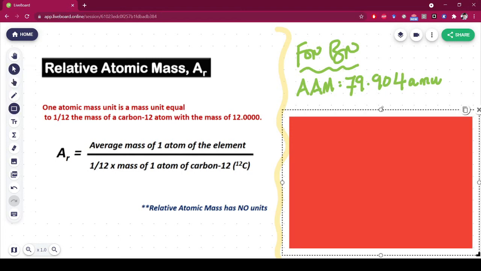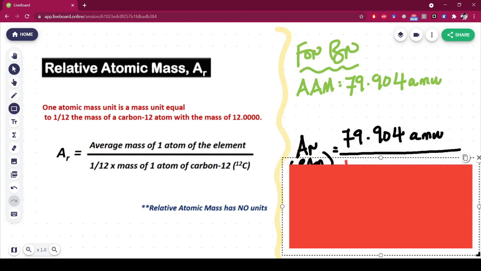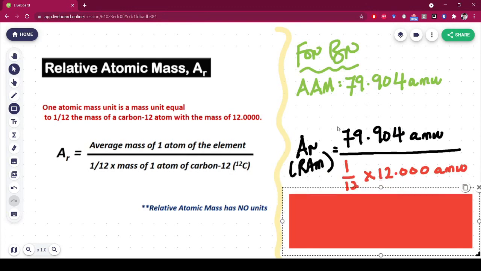What you're going to do over here is take the average atomic mass of bromine and substitute it on top over here. Thus, you have 79.904 AMU over 1 over 12 times the mass of carbon-12 AMU.